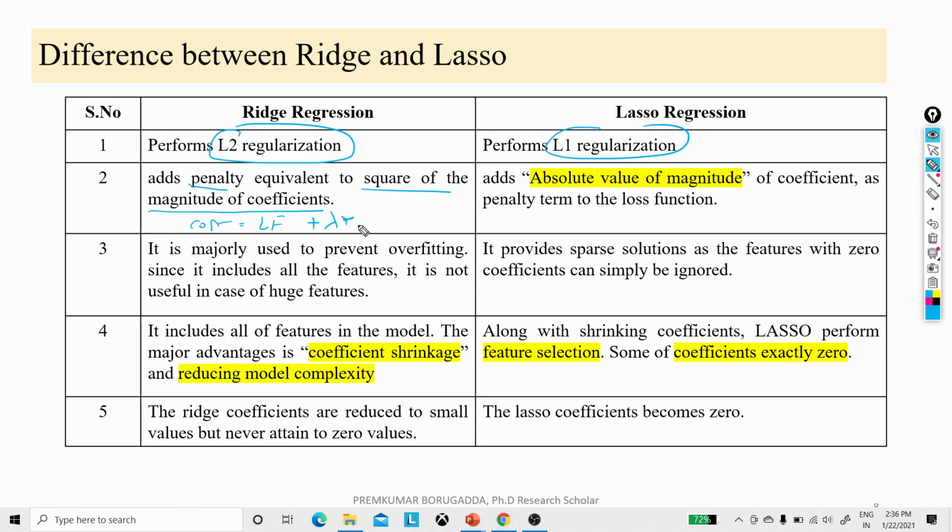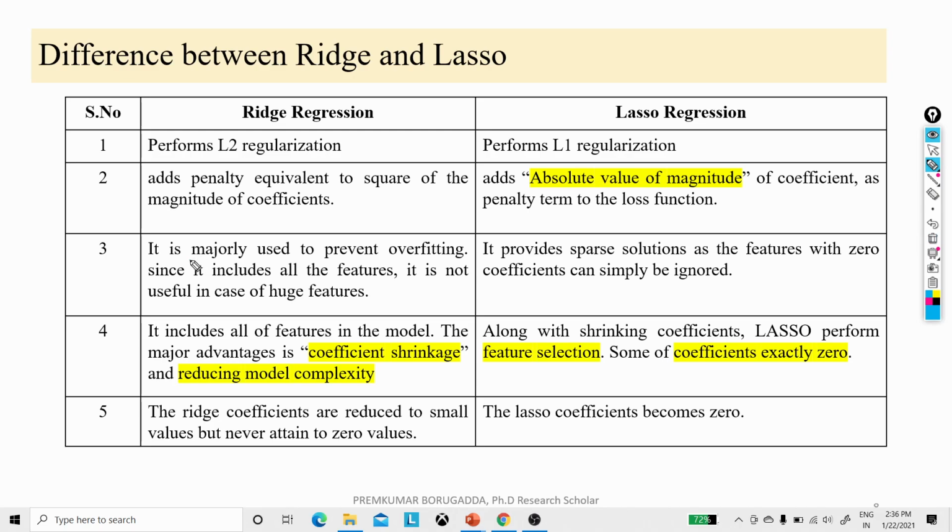Lambda is multiplied with this m square, and this is the cost function. Lasso performs the L1 regularization: loss function plus lambda multiplied with the absolute magnitude. So it adds the absolute value of the magnitude of the coefficients as a penalty term to the loss function.